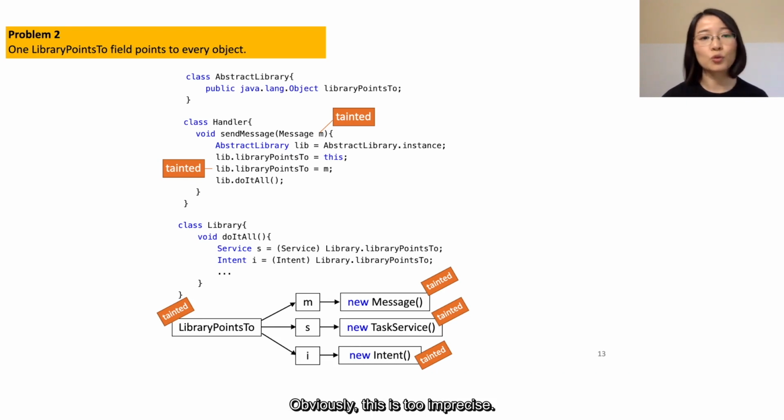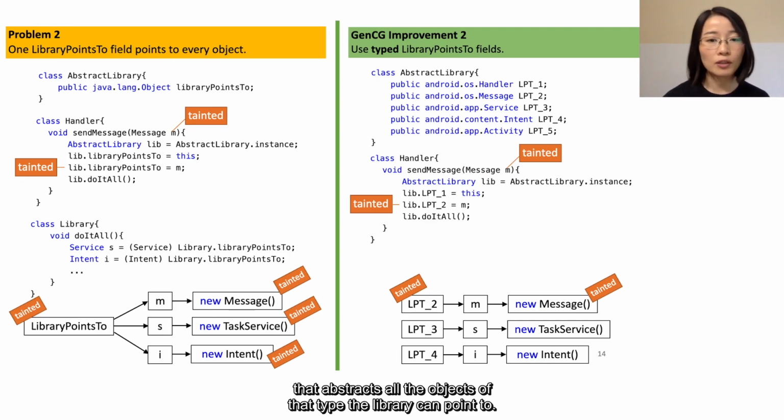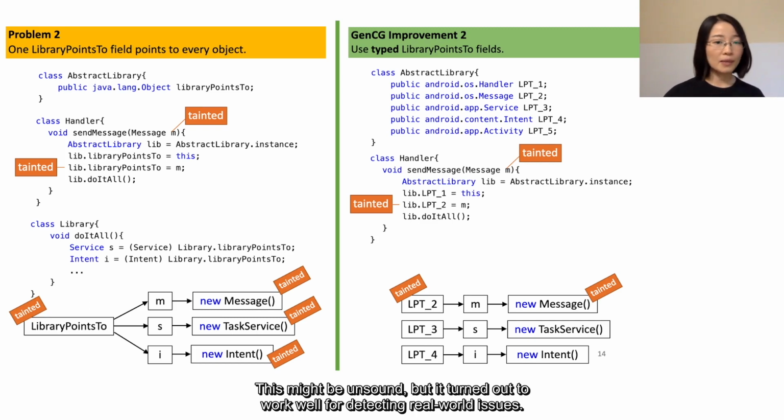Obviously, this is too imprecise. So we need to separate this field. So what we did is that for each type, we generate a field that abstracts all the objects of that type the library can point to. This way, we don't taint the objects of other types that much. This might be unsound, but it turned out to work well for detecting real-world issues.